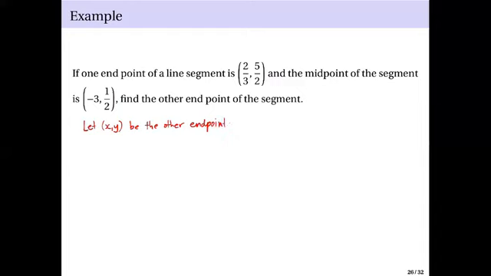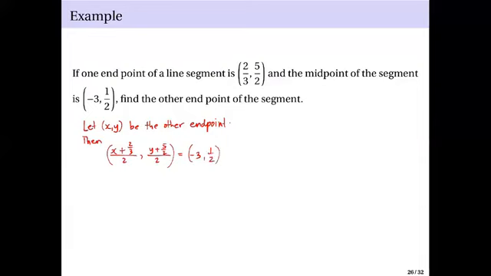And the midpoint can be calculated by using our formula. So then you have (x plus 2/3) divided by 2, comma, (y plus 5/2) divided by 2. This must be equal to (-3, 1/2).